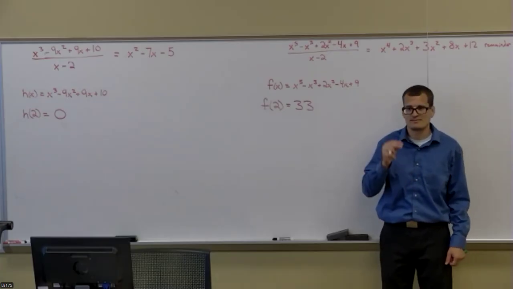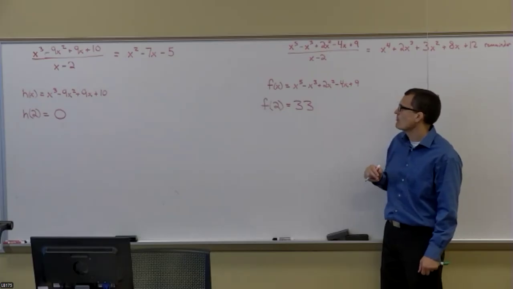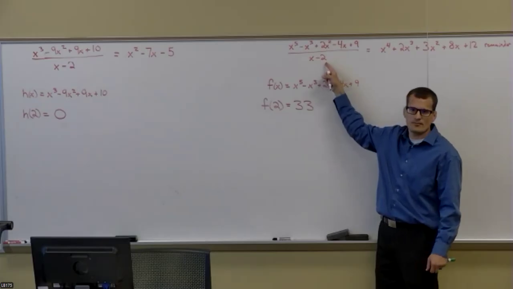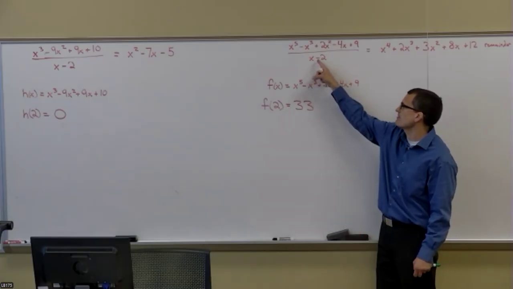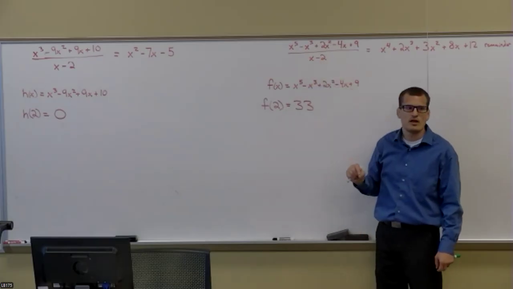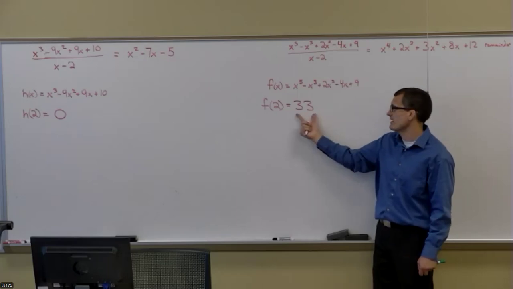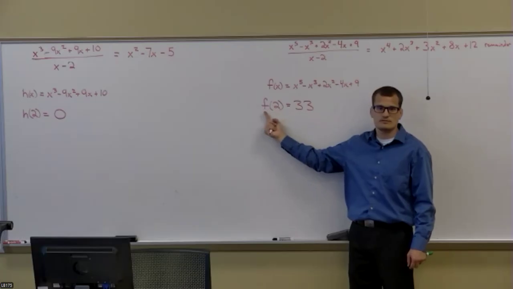Whenever you're dividing by x minus some number, I misspoke, the remainder that you get out is going to be the same thing you get when you plug that number into your dividend.